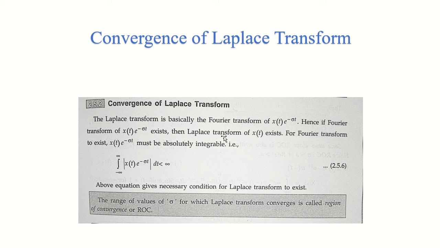And what was the formula for absolute integrability? The integration from minus infinity to infinity of the absolute value of x of t e raised to minus sigma t dt must be less than infinity. So it should be finite. In short, my signal should be finite.